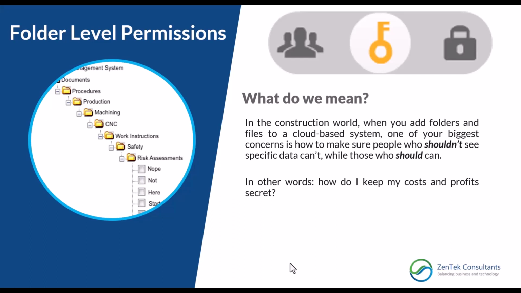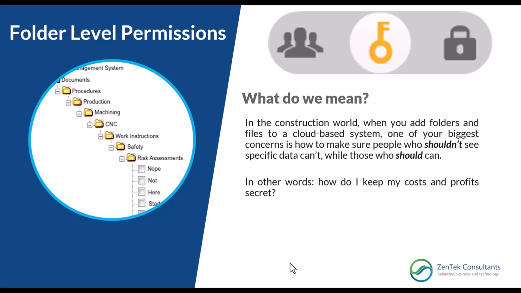But just because they're able to access the job in general doesn't mean they should have access to every single item that's out there. In other words, if I've got bids from the electrician, the plumber, and the site guy, I don't want them looking at each other's bids and prices and costs. I want to be able to isolate who can see what.